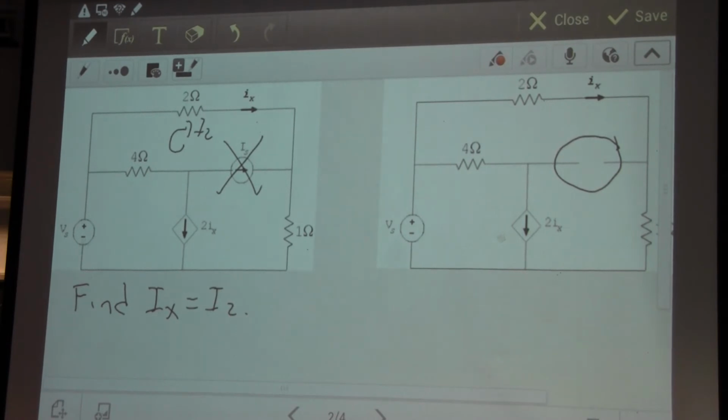Of course, it's going to be a function of Vs, right? So Vs is going to show up there. It's not going to be a number. It's going to be something times Vs.